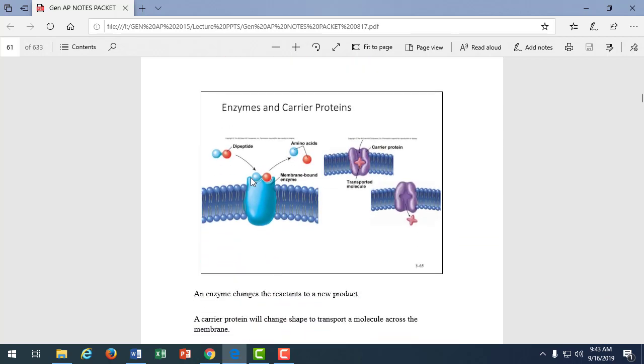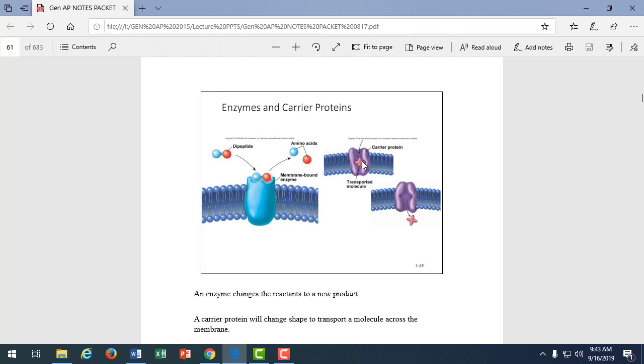Some proteins are not channels, but they act as enzymes. So this is an enzyme that acts on the surface of the cell. Other enzymes are on the inside of the cell. But in this example, we have others that act as carrier proteins. They're not really channels, but they attach to a specific substance, and they change their shape and dump it on the other side of the membrane.